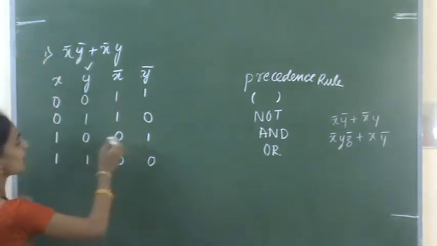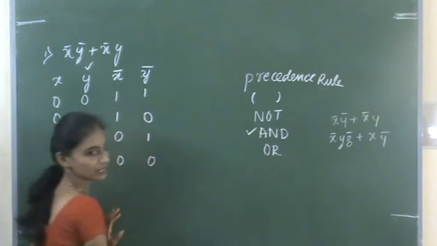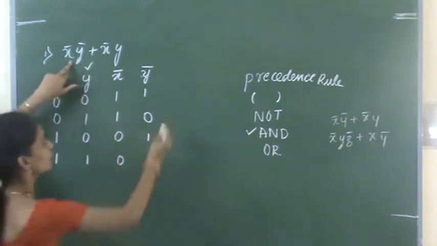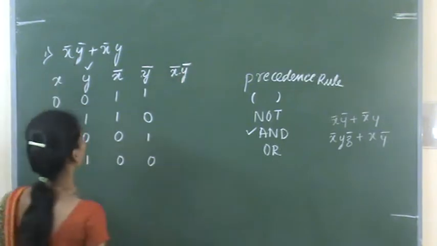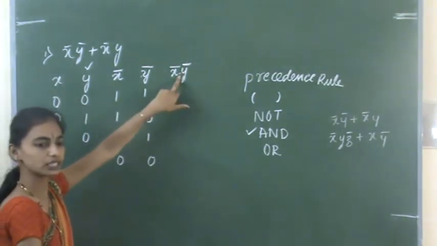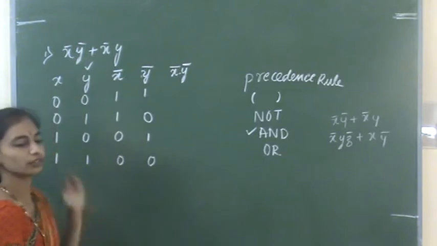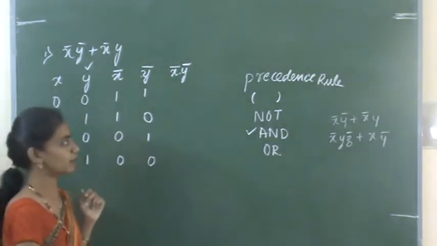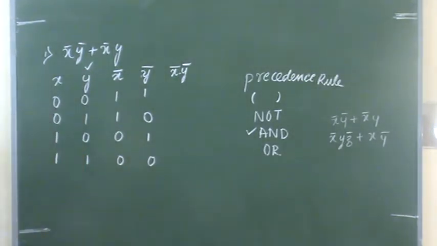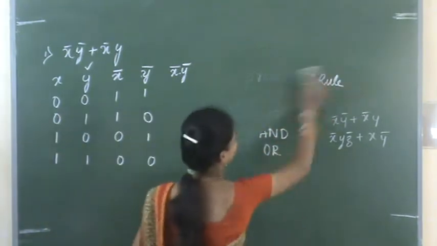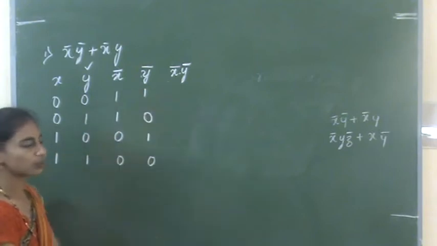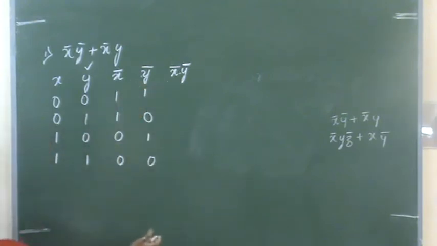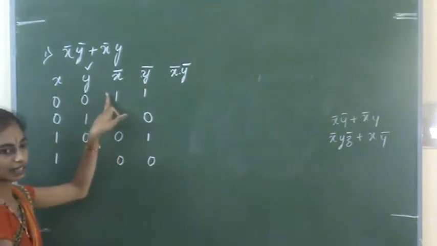After that we have to go for the AND operation. For the AND operation we have x bar and y bar. By default, even if we do not provide the dot operator, we understand it as the AND operator, right? We have to take only the x bar and y bar values, not the x value and y value.